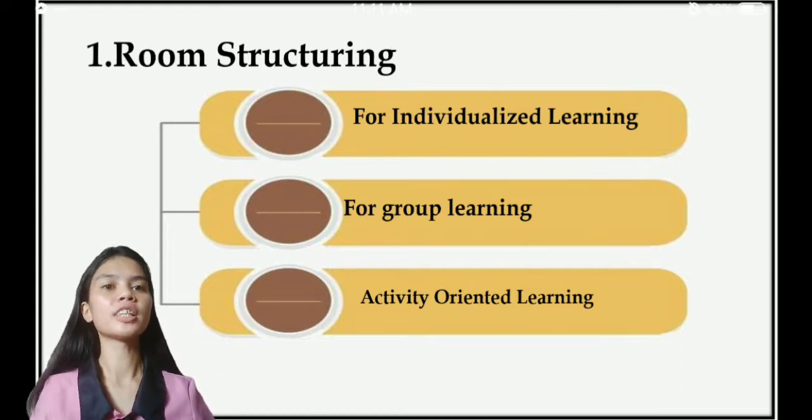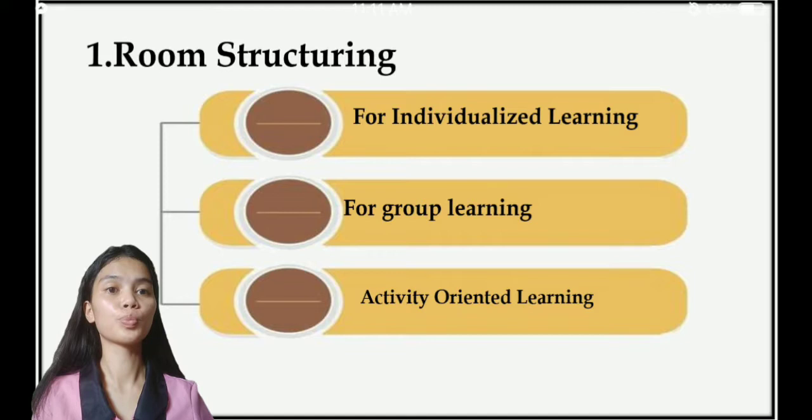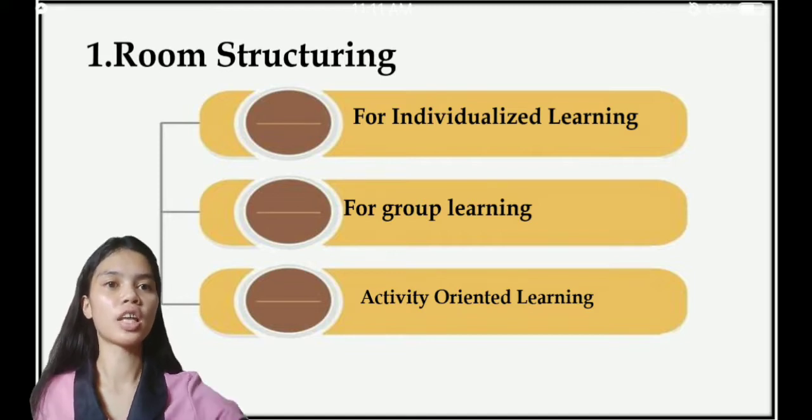For group learning, this involves group activity, teamwork, and so on. This formation could be U shapes, so the students are able to collaborate with their group mates, or anything that can be formed, like making circles, so that the group will be able to communicate and collaborate with each other.